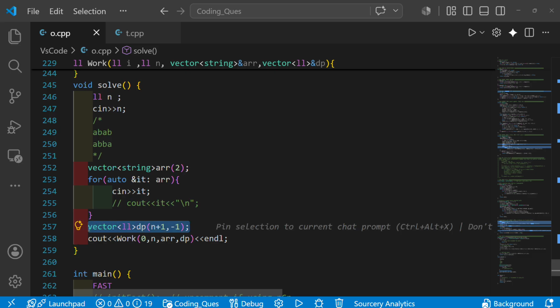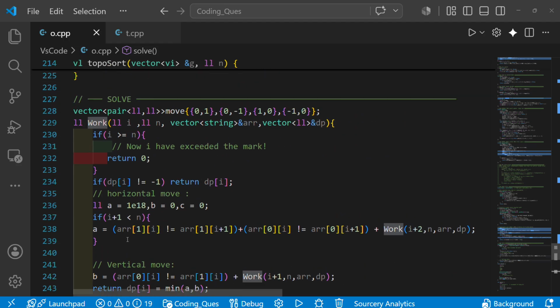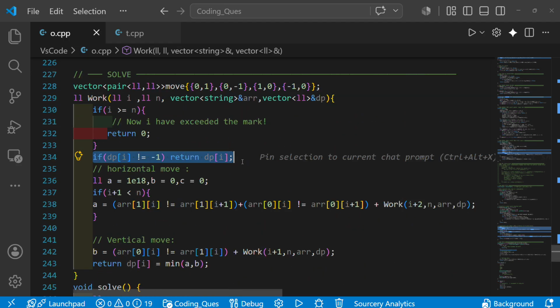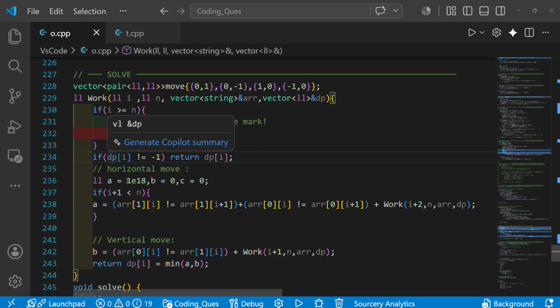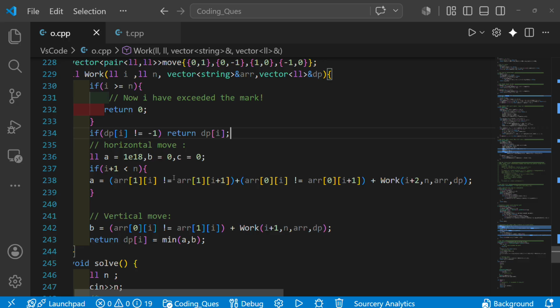I have a dp of size n plus one, and then I call my function work. And here in work, this is a standard DP condition. If the current value is not -1, then probably I have encountered this index before, so I can replace the value here. And here I checked whether I have more columns here.